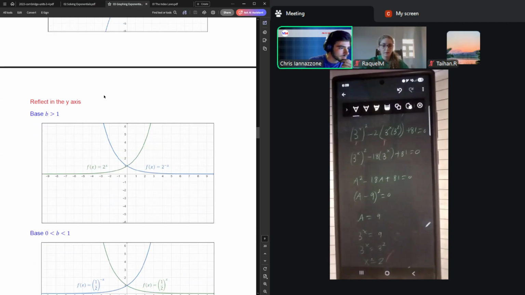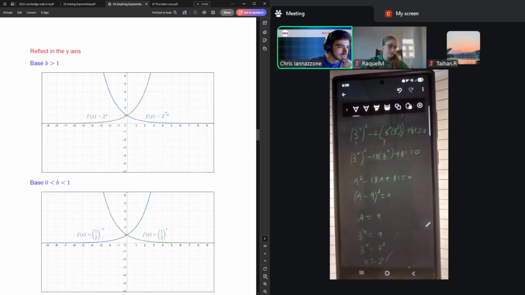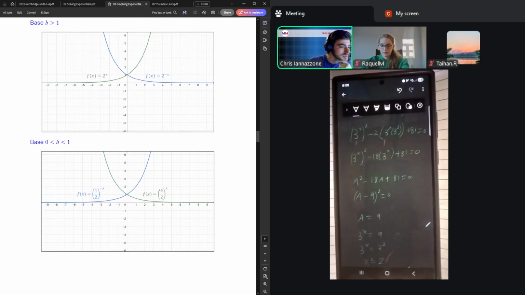Okay, cool. And then reflections in the y-axis, those are always denoted by having a negative directly attached to the x. And one of the funny things is because you can already get a reflection in the y-axis by being a base between 0 and 1, you're now flipping it back to, in this case, the blue line, which would look like this green line. You're kind of flipping things back and forth.